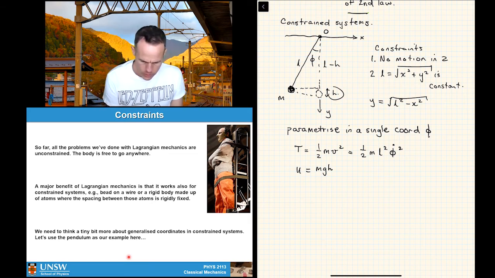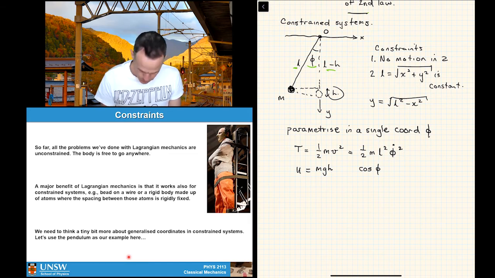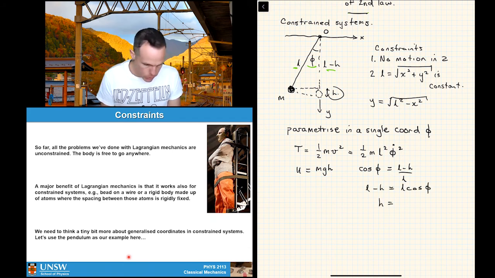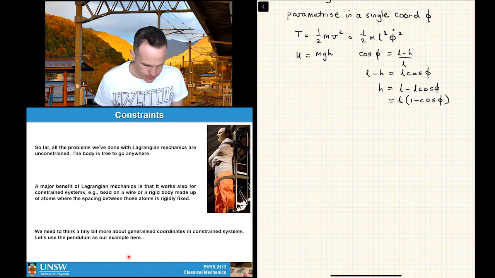Now one thing we know is we can use trig to get the phi, and we know that cos phi up here, if we're dealing with cos, it's adjacent over hypotenuse, so it's going to be L minus h on L. We can isolate h, so this is going to be L minus h is equal to L cos phi. h equals L minus L cos phi, and we can pull the L out, so this is L(1 minus cos phi). Like so, okay?